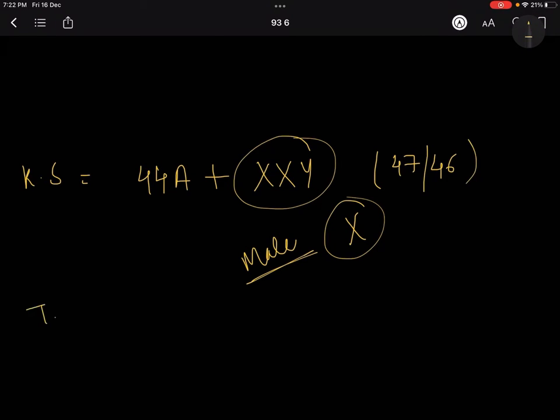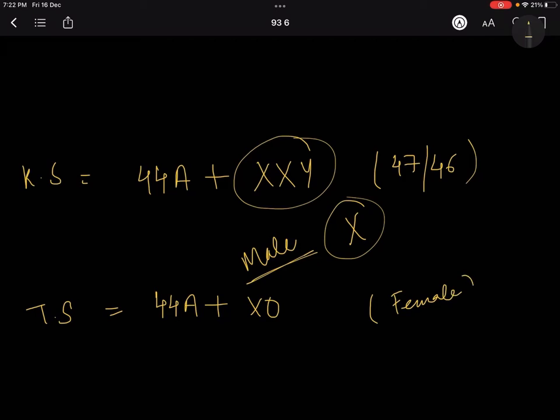Now comes the Turner syndrome. Same 44 autosomal, that we are not going to touch right now, okay. We are not studying autosomal. In Turner syndrome it is X0. So that means there is only one copy of X. So that means these are predominantly females, okay.